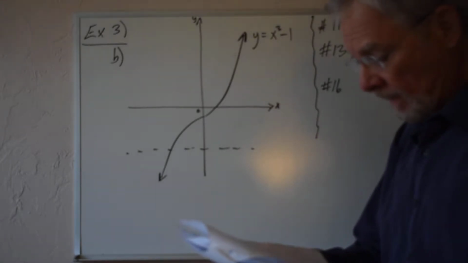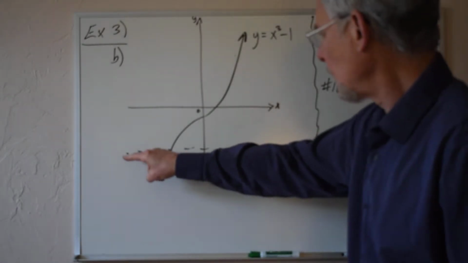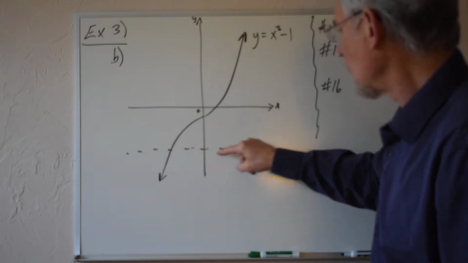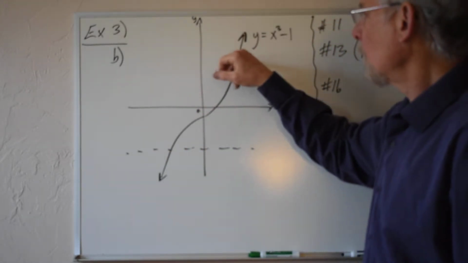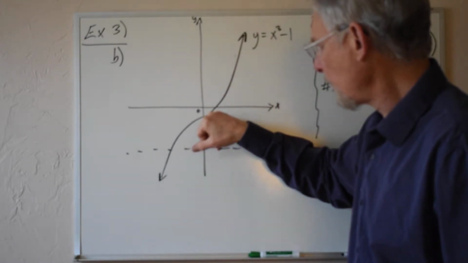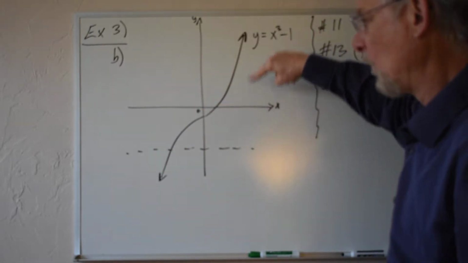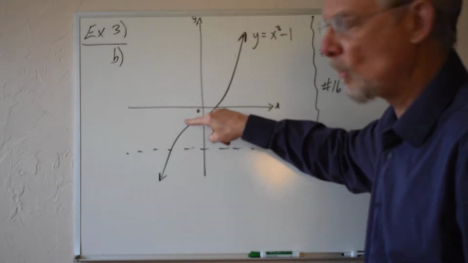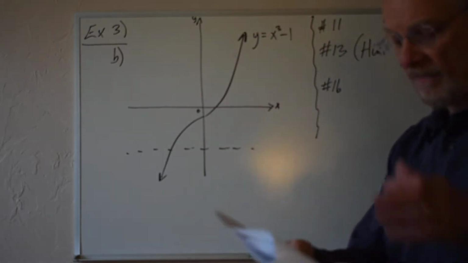Well, if we use the horizontal line test, we'll see that any horizontal line that you could imagine is only going to hit the graph in one place. Now right here it levels out for a moment, but it doesn't go like that, where a horizontal line would hit it in more than one place. So yes, this is a 1-to-1 function.